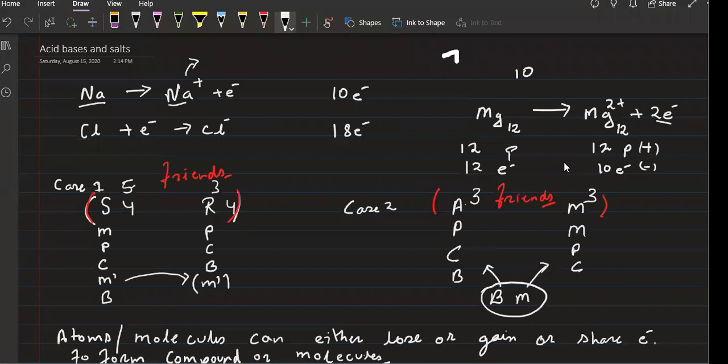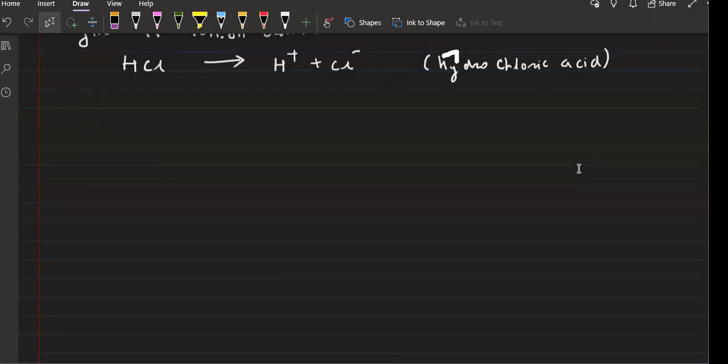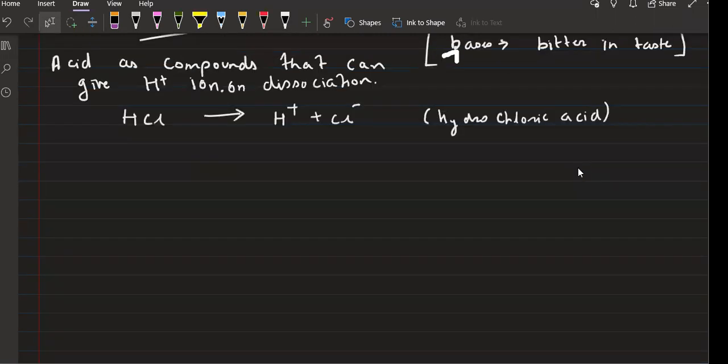So this is called an ion. Charged atoms or molecules are called ions. I'll just write it down. Ions are charged atoms or molecules.